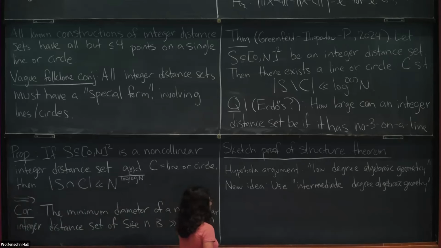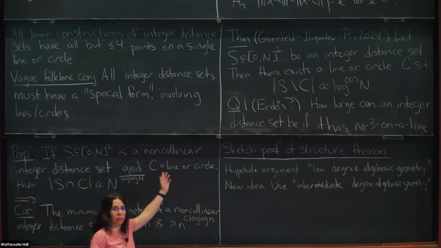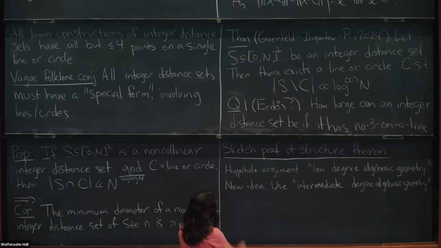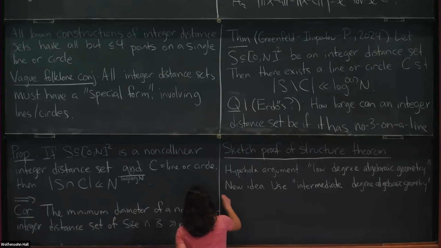To start with, in all these results, S is just any subset of this n by n box. In particular, we don't know that these are lattice points necessarily, right? They're just any points. But we can actually reduce to the case that S is contained in a lattice, and this is a classical argument.